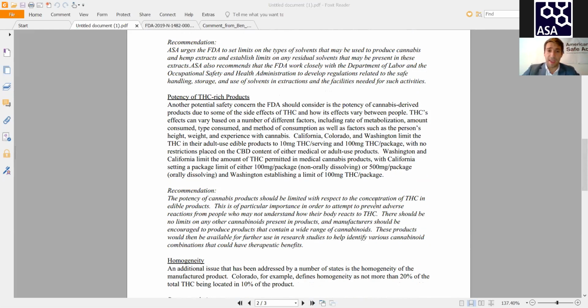And if you can find a way to include a study or that news article in these comments, I think it would be tremendously helpful. So I will open it up for questions for anyone who has one.